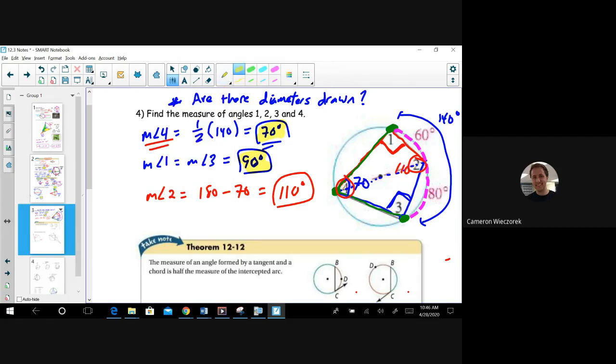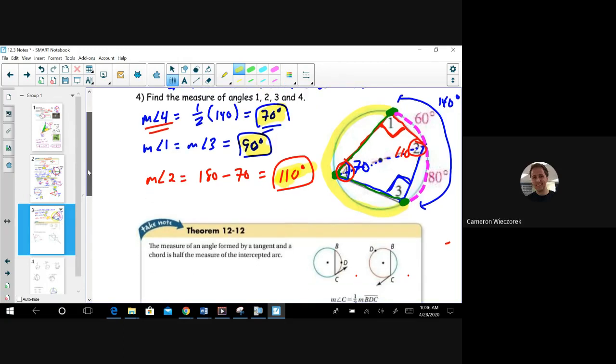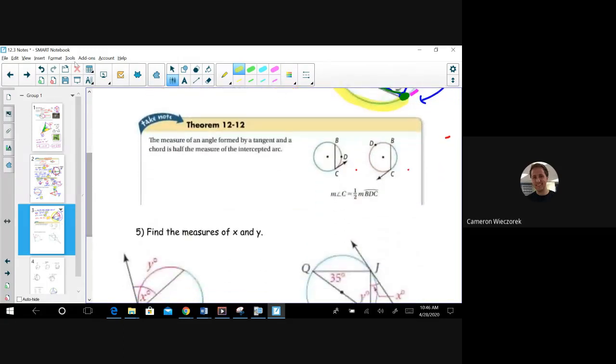And there's other ways of approaching that too. You could look at the intercepted arc, but you've got some missing pieces there you'd have to find first. It's a little bit trickier to do it that way. Use the fact that the opposite angles are supplementary if the quadrilateral is inscribed in the circle.